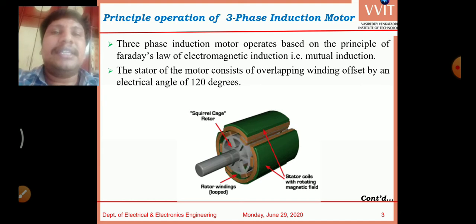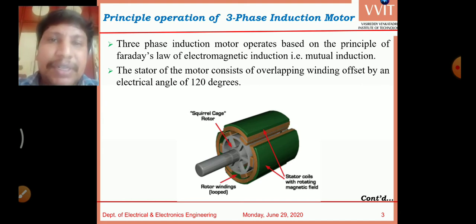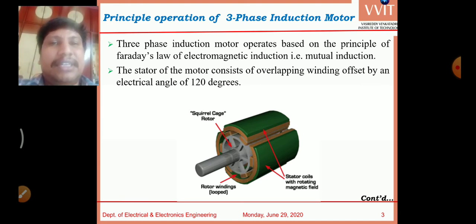That is, when the three-phase supply is given to the three-phase stator winding, the stator windings produce a rotating magnetic field. Due to that rotating magnetic field, according to Faraday's law, the rotor windings cut the magnetic field and produce an EMF.